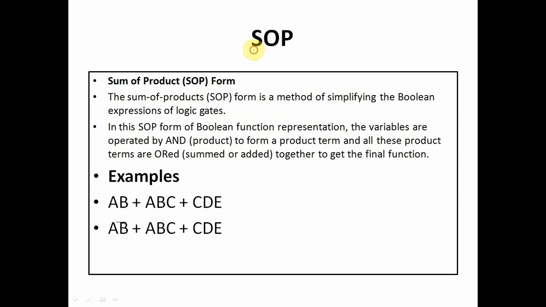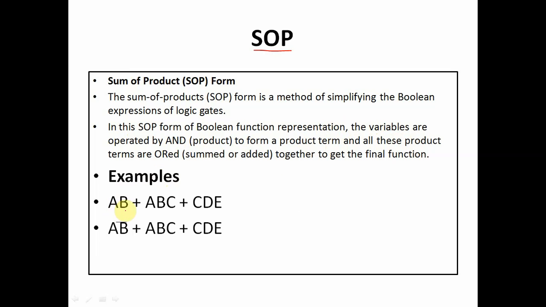Now, SOP is nothing but sum of product. The sum of product, SOP, form is a method of simplifying the Boolean expression of logic gates. In this SOP form of Boolean function representation, the variables are operated by AND to form a product term, and all these product terms are ORed together to get the final expression.